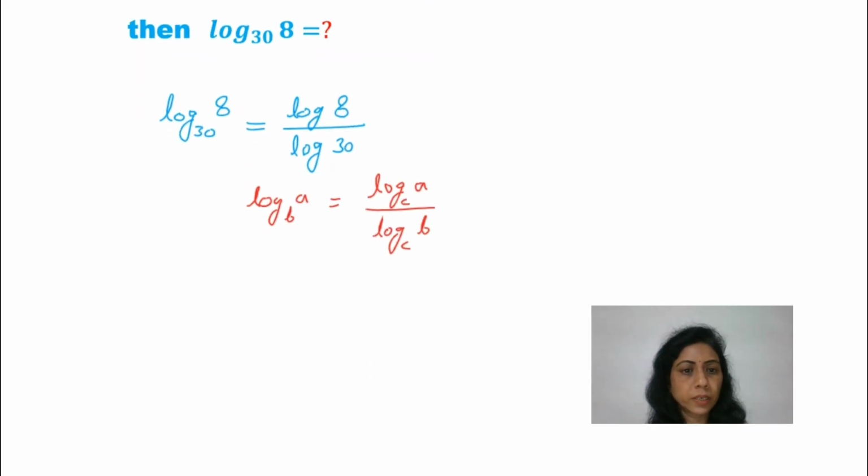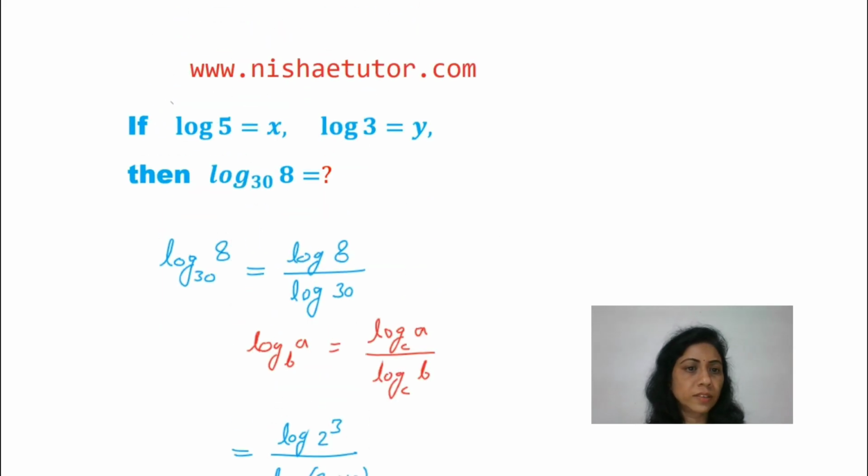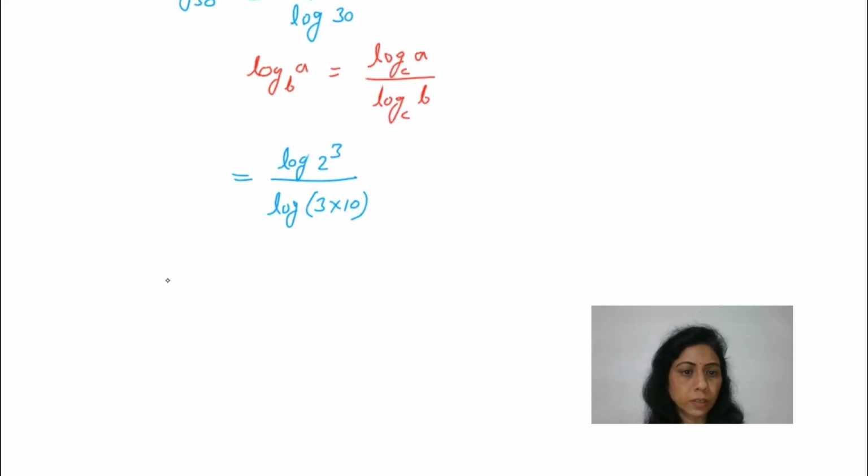8 we can write 2 to the power 3. Okay, and log 30 we can write 30, it means 3 times 10. So our main aim is we have to convert this thing into log 5 and log 3, so we can put actually x and y value.